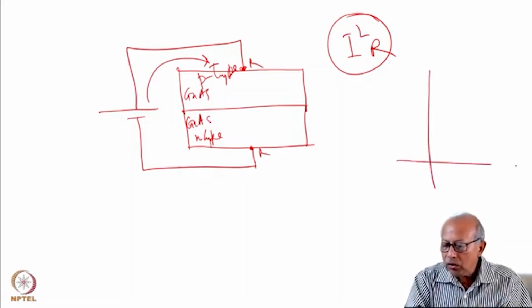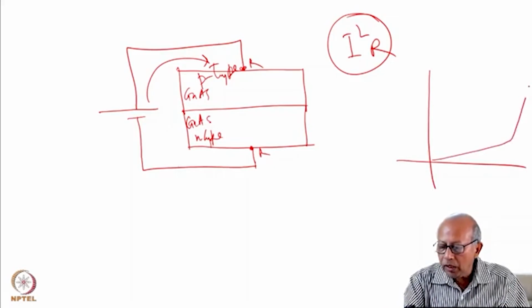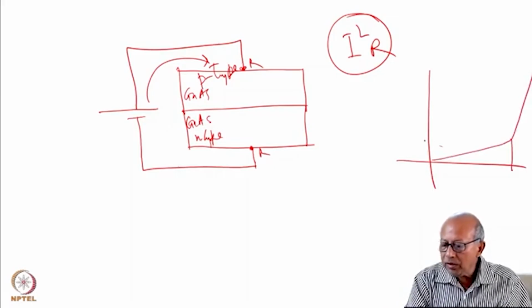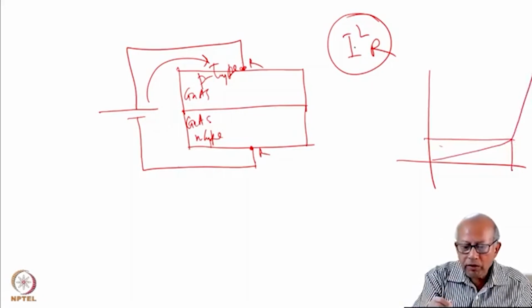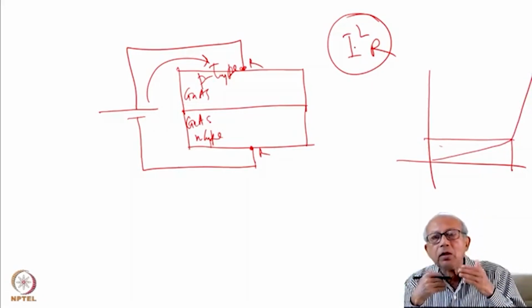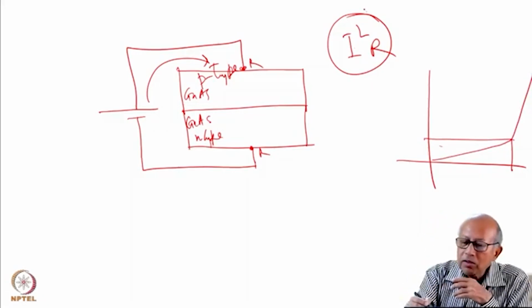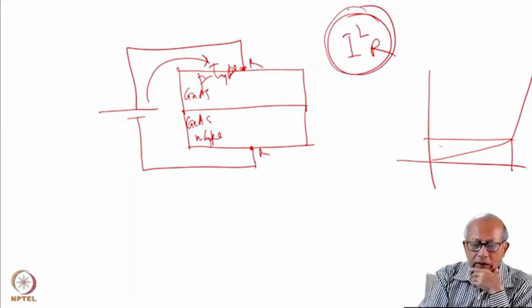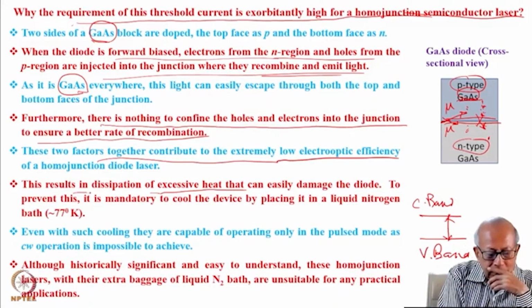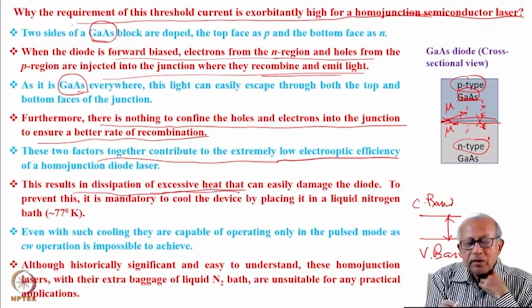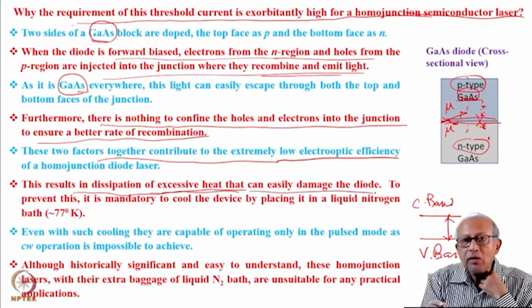We saw that the threshold current required is pretty high for creating that condition of population inversion. So I square R can be extremely high, and this results in dissipation of excessive heat that can easily damage the diode.